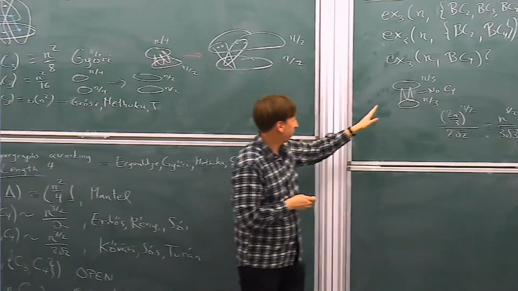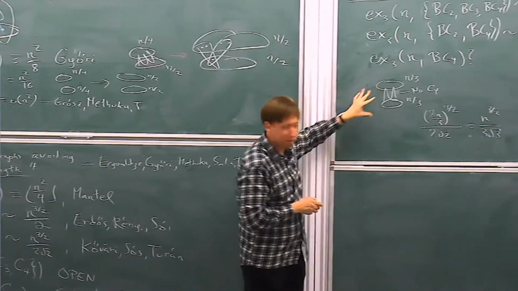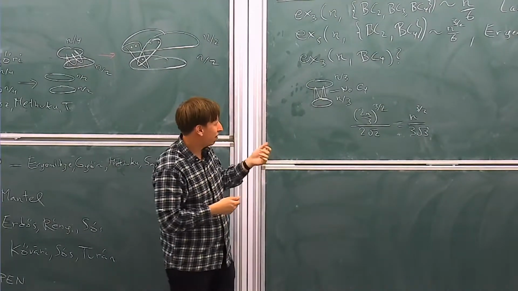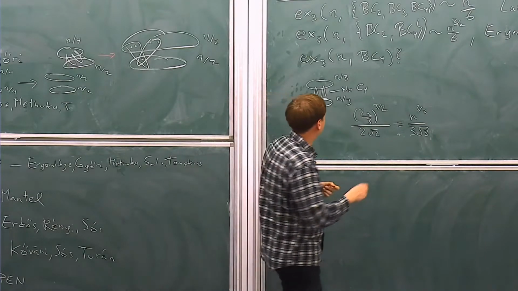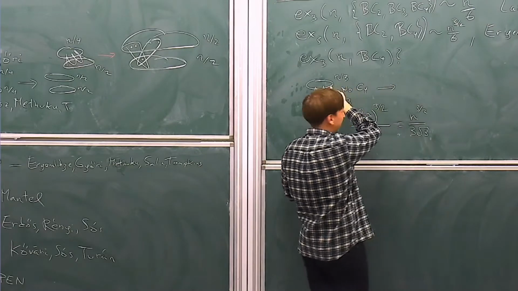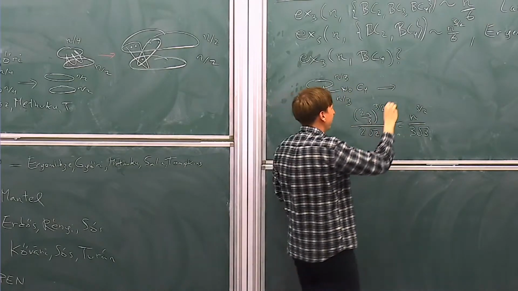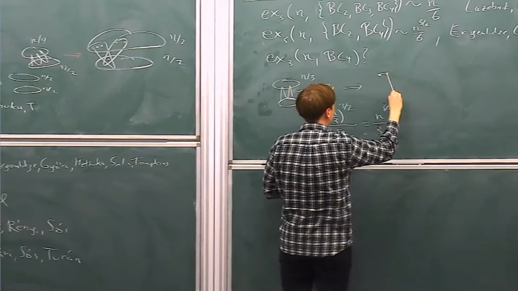Sorry, I didn't explain how to make the hypergraph. So I start with the graph with n over 3 on each side. How do I make the hypergraph? The same way as in the triangle case, just double one of the classes. Each vertex on the top is replaced with 2 vertices, and each edge before is replaced with a triangle.